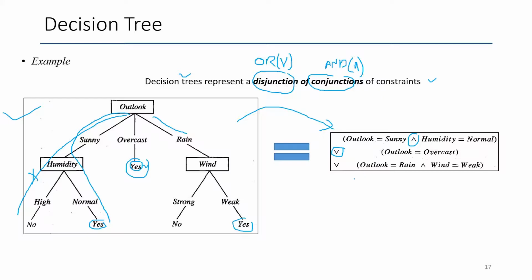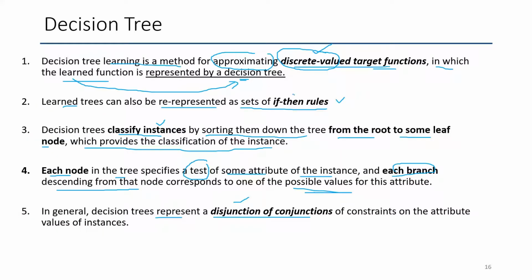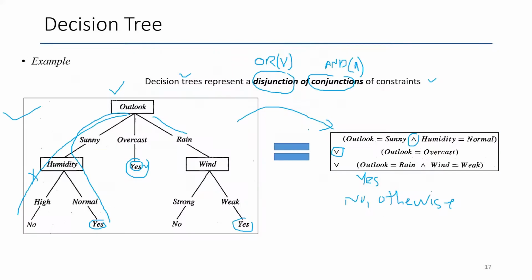If this happens, then my output will be yes, otherwise no. So we have seen three representations of the same thing. Either you can represent your learned function in the form of a decision tree, or in the form of if-then rules, or in the form of a disjunction of conjunctions.